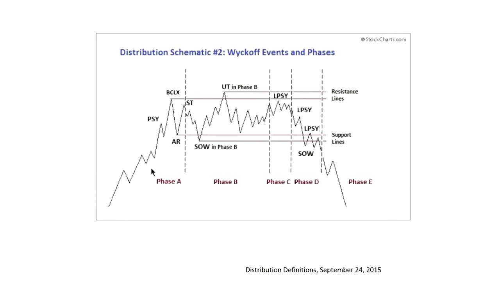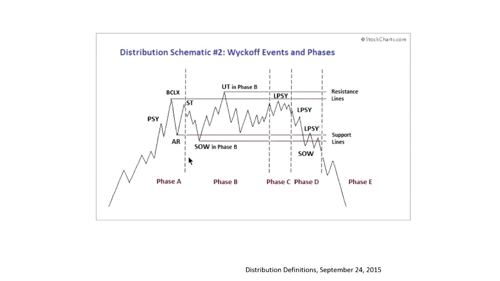And so these are the characteristics of phases. So each of these phases has a different characteristic of trading. And this is the behavior of price and volume together. So phase A is the stopping of the advance, big correction, sets the range.